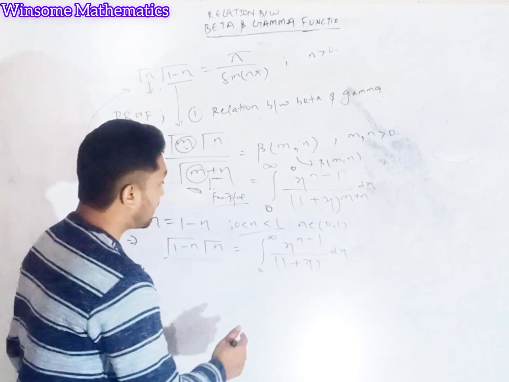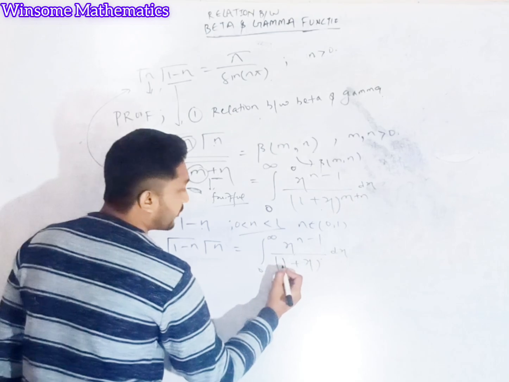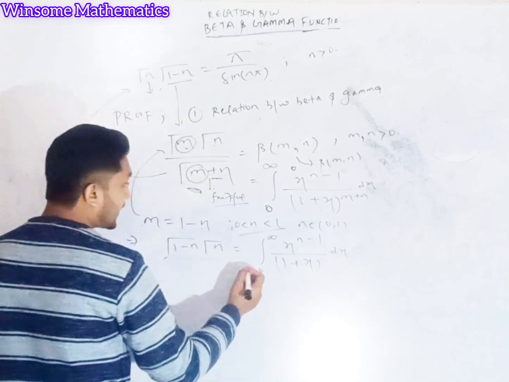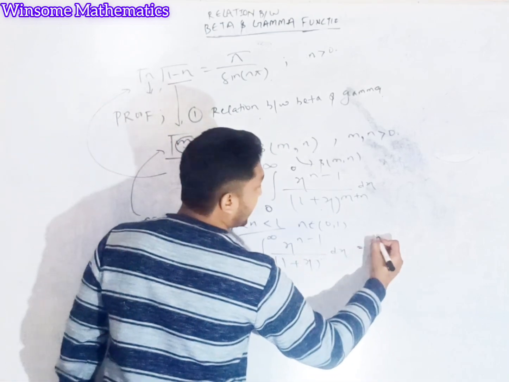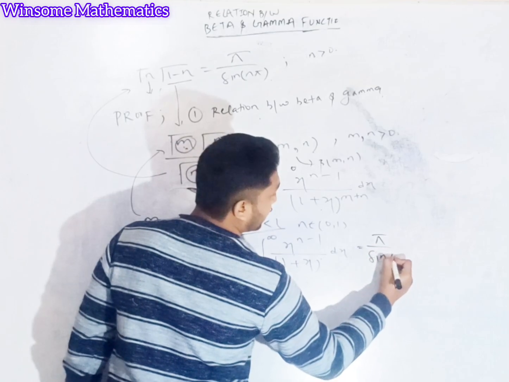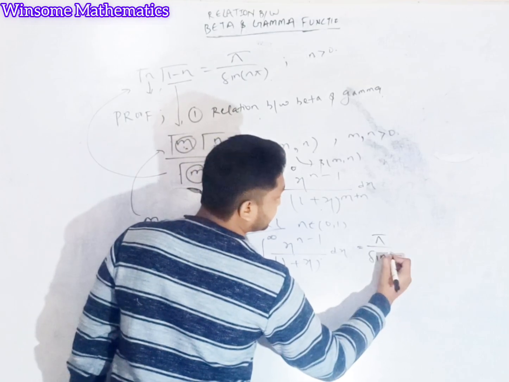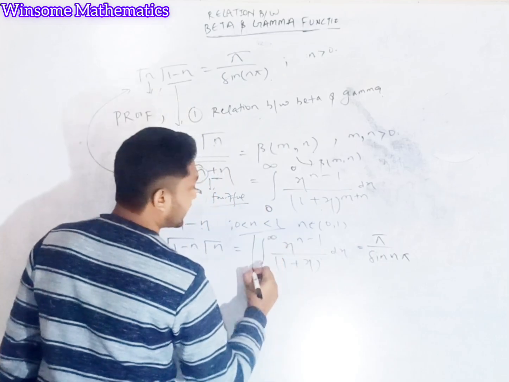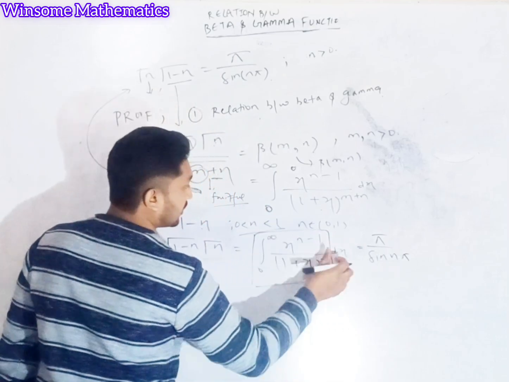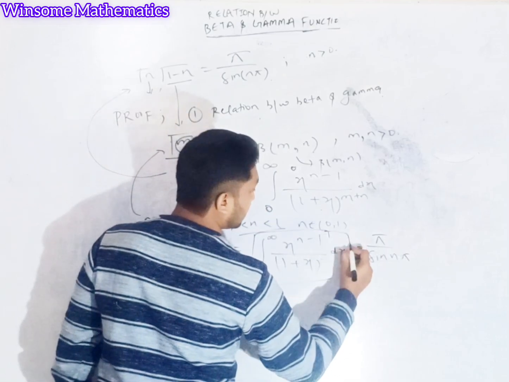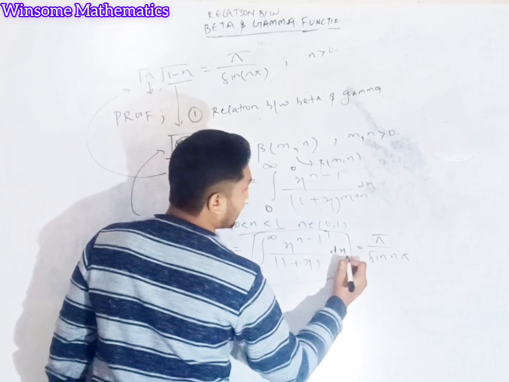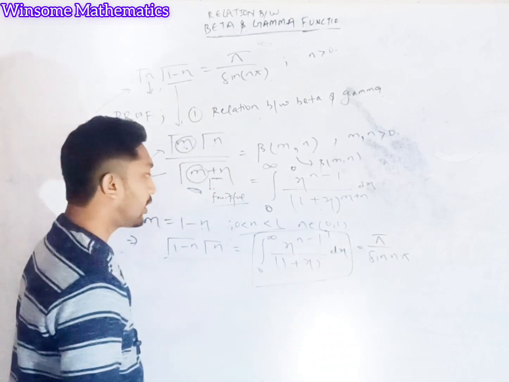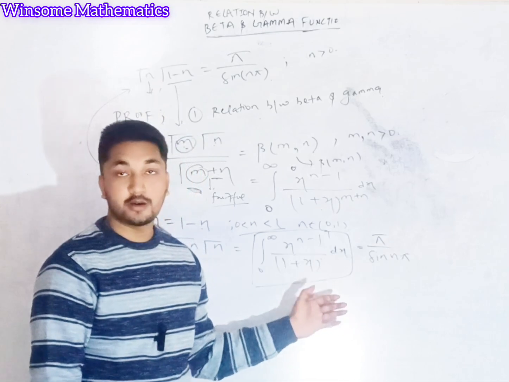Okay, so now the integral from 0 to infinity of x to the power n minus 1 upon 1 plus x dx is equal to pi upon sine n pi. Now you will be asking how we can write this.